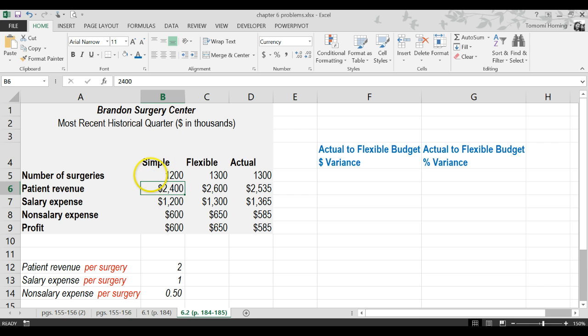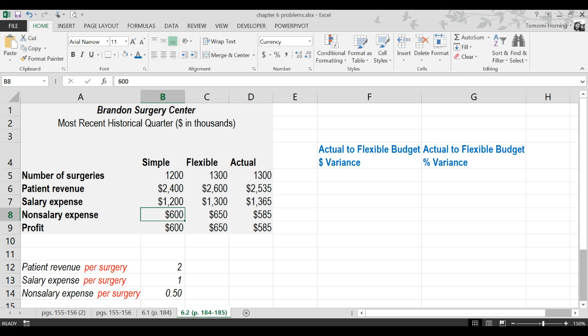So again, if you look at 1,200 surgeries generates $2.4 million, the same logic can apply to both the salary and non-salary expenses. When we have 1,200 surgeries, our salary expenses are $1.2 million and our non-salary expenses are $600,000.